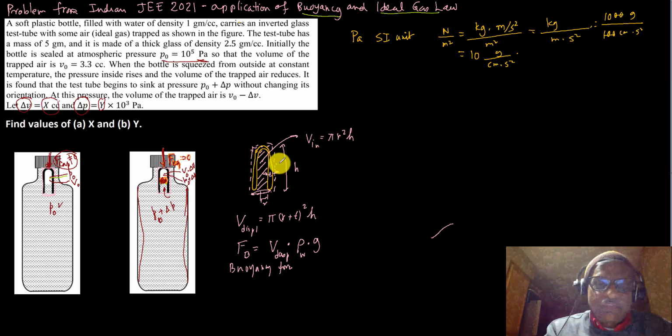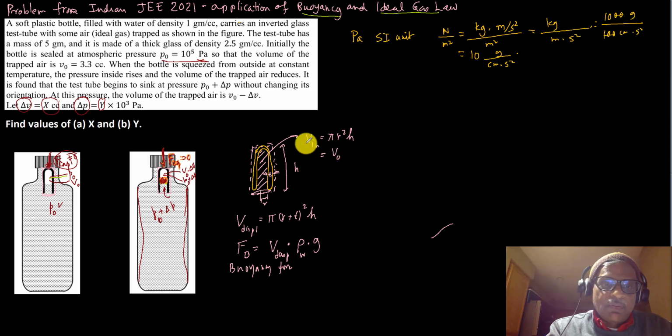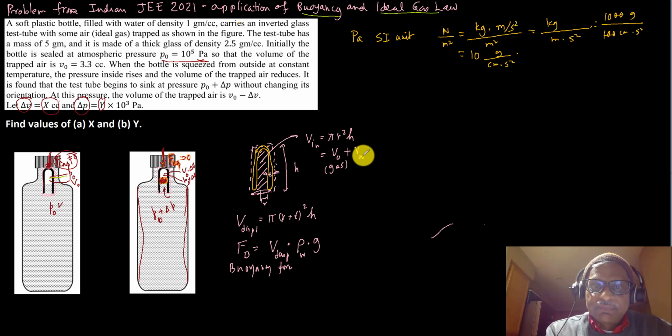This inside volume originally consists of V0 for the gas plus some water, VW0.